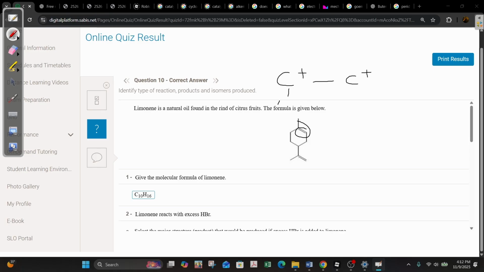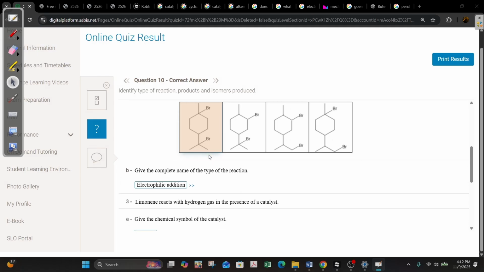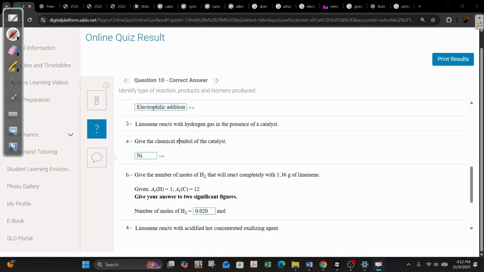A hydrogen will always bond to them to make them not positive. So there's going to be a hydrogen here when the double bond breaks, another hydrogen there, and a hydrogen here, and a hydrogen here. So that'll give us C10H20 after the double bond breaks. Okay, so C10H20.